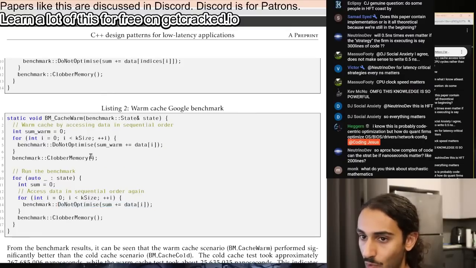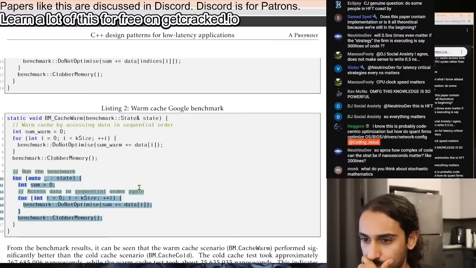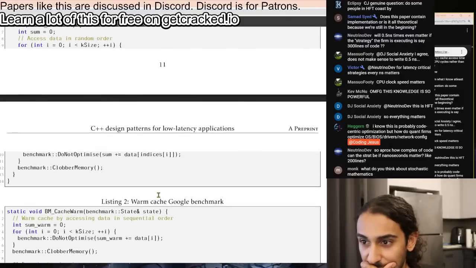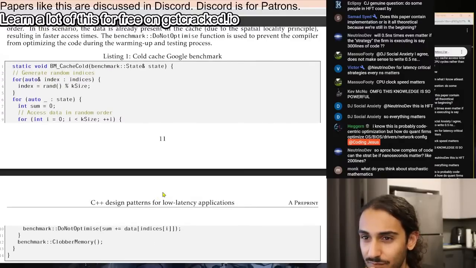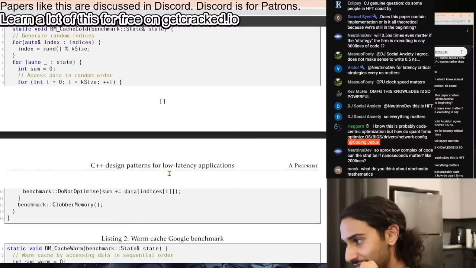So the data is already in cache here, and then you iterate over it. So this measures the latency differences.